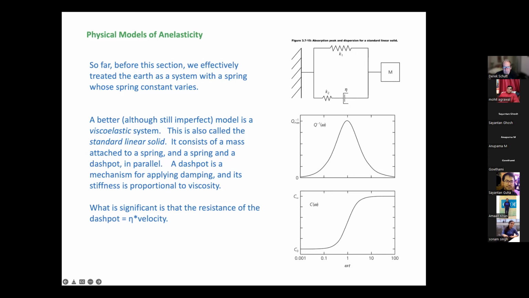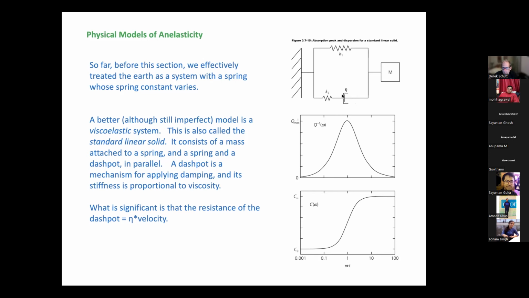The dashpot applies damping, and its viscosity is proportional to the velocity at which m vibrates. So the resistance of the dashpot is going to be eta, the viscosity, times velocity.